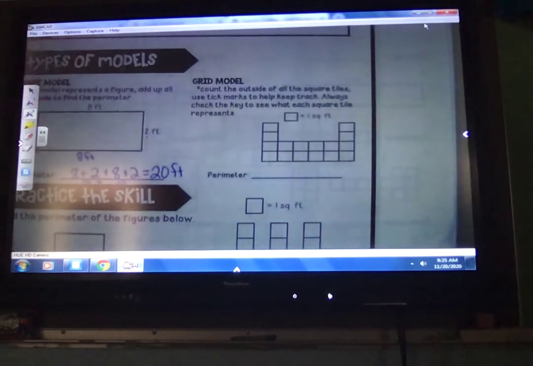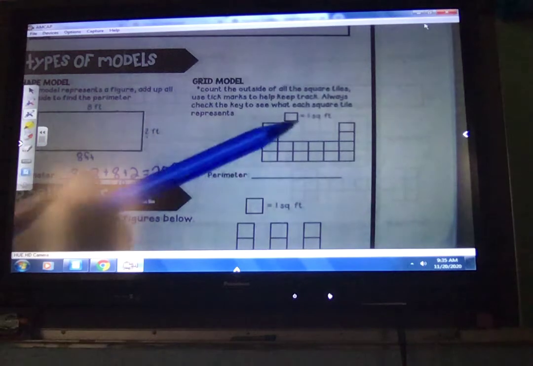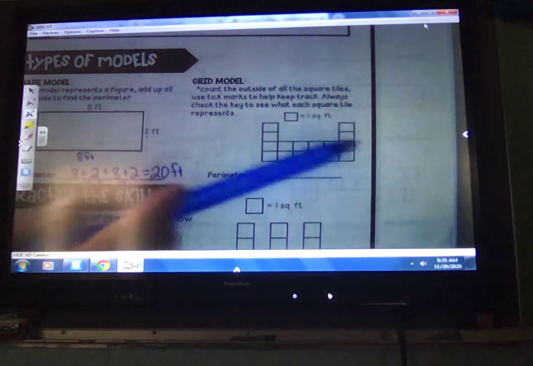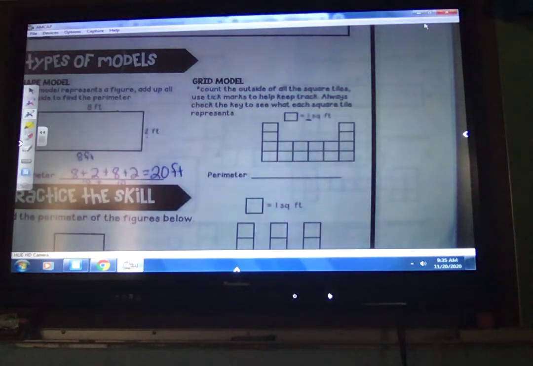Sometimes they're going to give you perimeter on grid paper or graph paper, and we'll use some of that in the classroom. Now, every time you walk across a square, that's going to be equal to 1 square foot. It tells you that in your key. So again, we're going to walk around our entire shape, and we're going to be counting our squares.